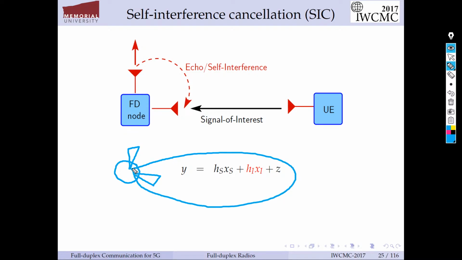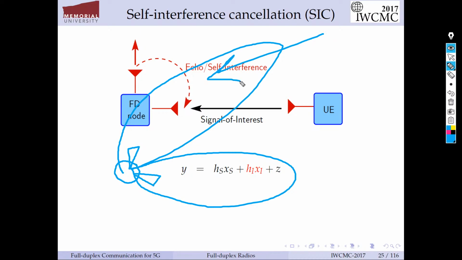You form beams that don't interfere with each other, and you use this beam for reception and this beam for transmission. But make sure that the user is along the direction of reception. So using the same time and frequency resource, you are able to receive your signal and transmit it. But you transmit it to where?